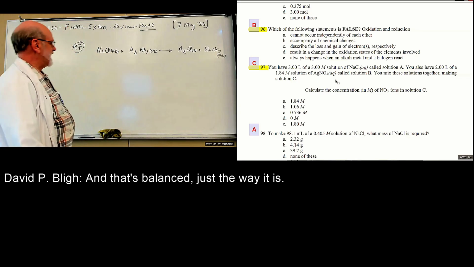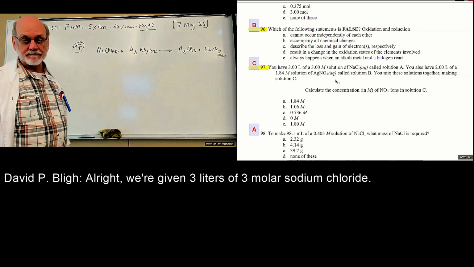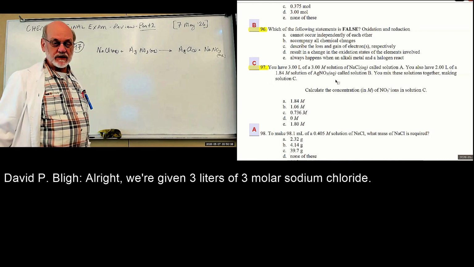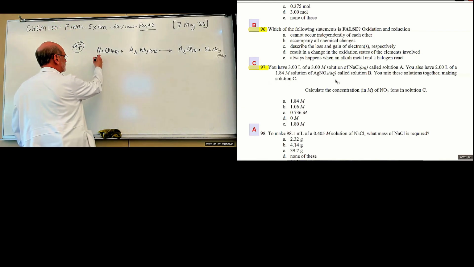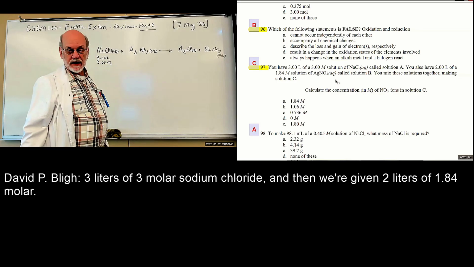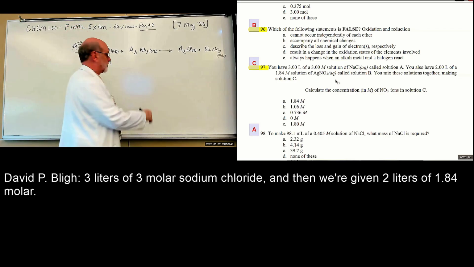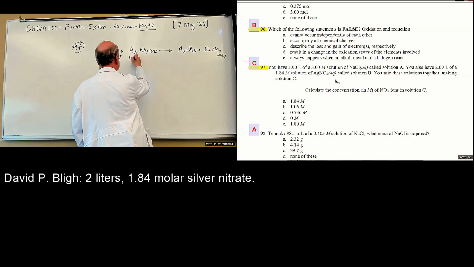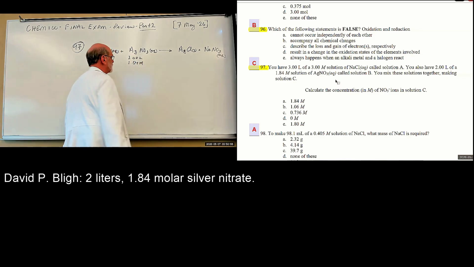Okay. And that's balanced just the way it is. All right, we're given 3 liters of 3 molar sodium chloride, and then we're given 2 liters of 1.84 molar silver nitrate.